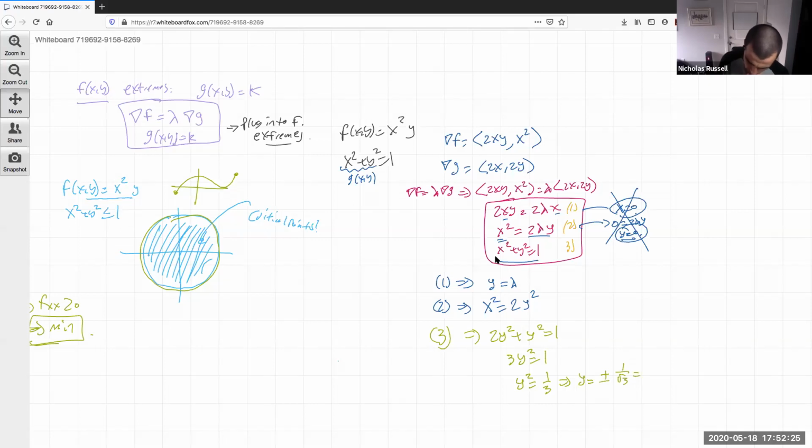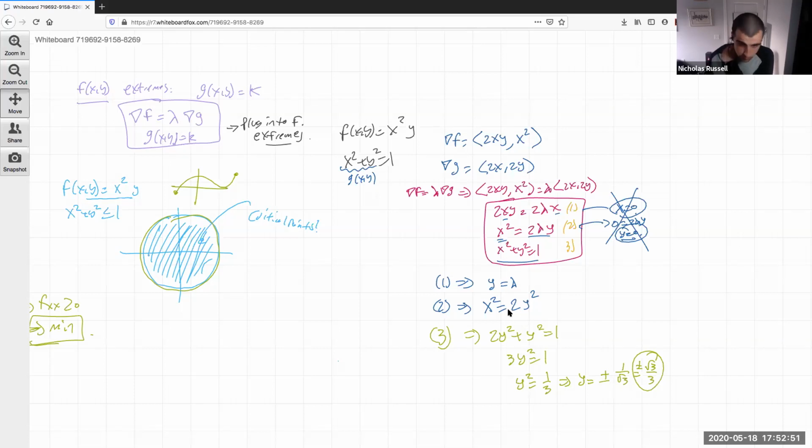Or maybe more succinctly, you could write this as plus or minus square root of 3 over 3. It's kind of nice. So this tells me that y has to be either plus or minus square root of 3 over 3, or 1 over the square root of 3, however you want to think about it. And so what we do is we now take these points and plug them back into equation 2 to get what x has to be.